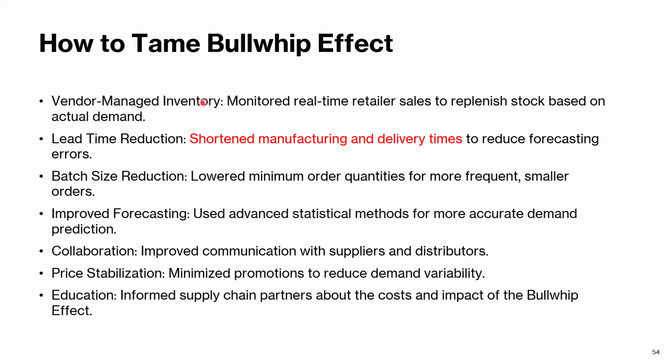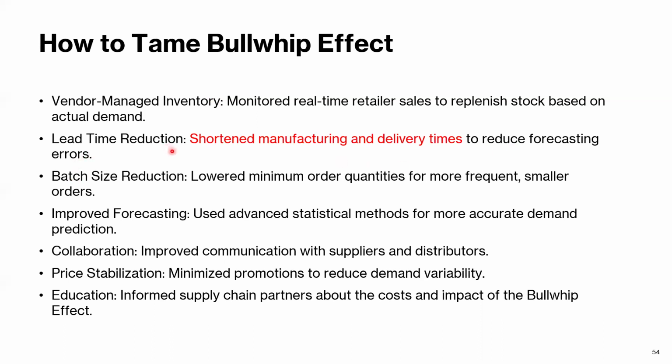Vendor managed inventory, as I mentioned, means a vendor will have authority or access to your inventory list, and they will automatically replenish it, right? Lead time reduction is to shorten the manufacturing and delivery times to reduce forecasting errors, right?